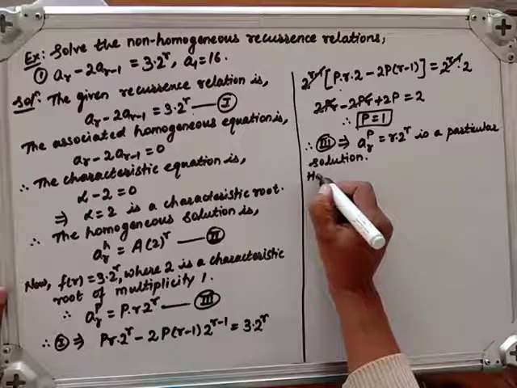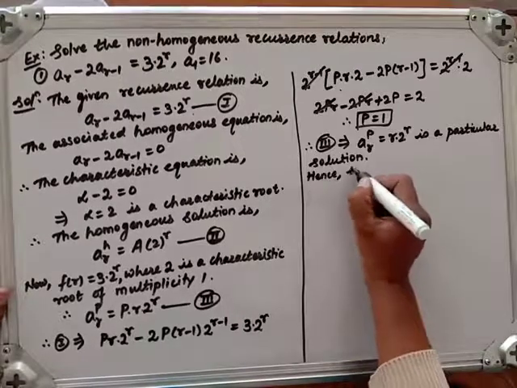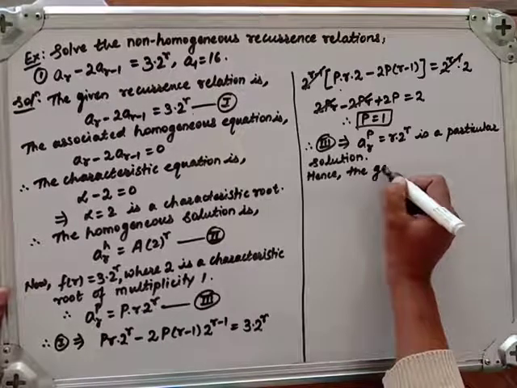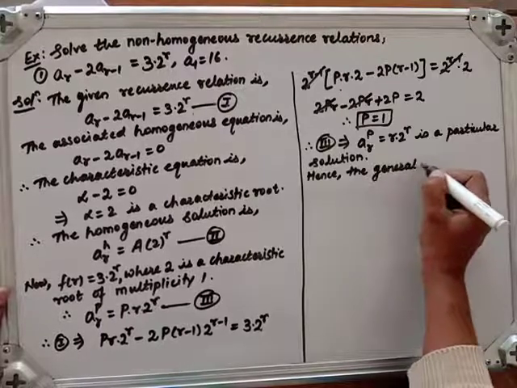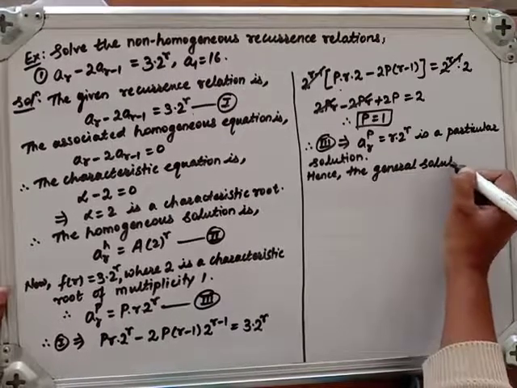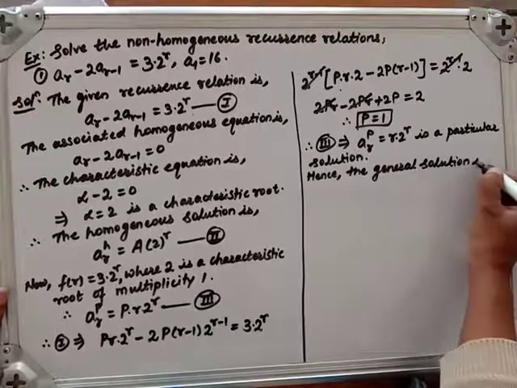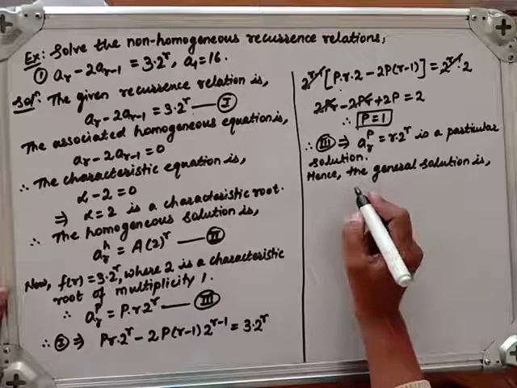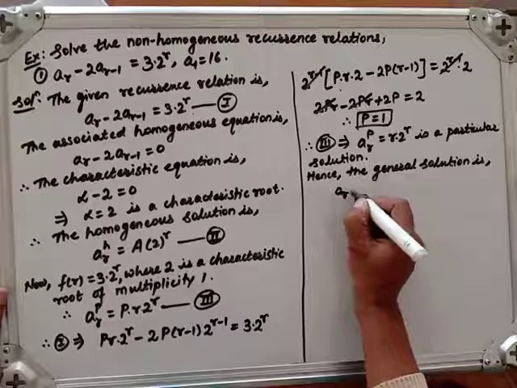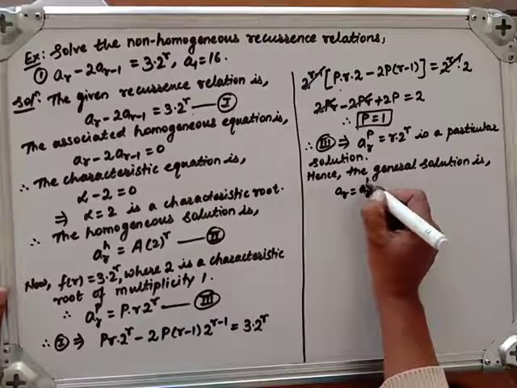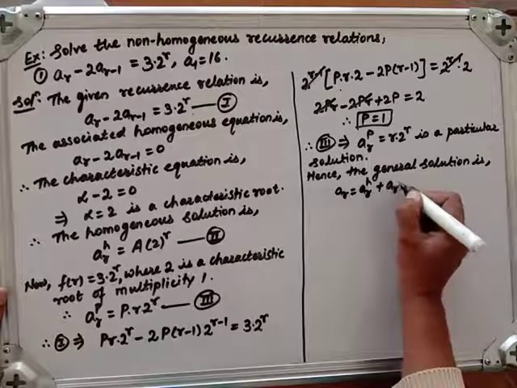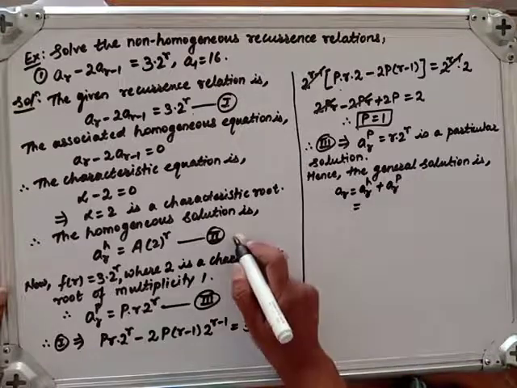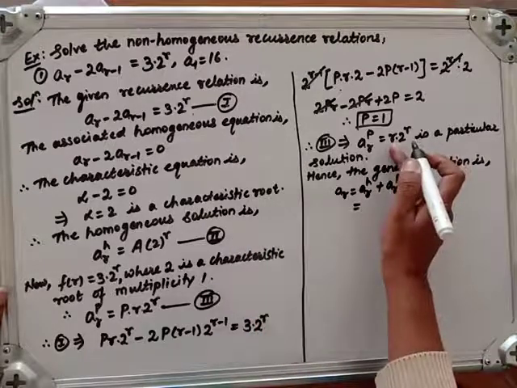Hence the general solution is a_r is equal to a_r^h plus a_r^p. a_r^h is from 2 and a_r^p is from here.